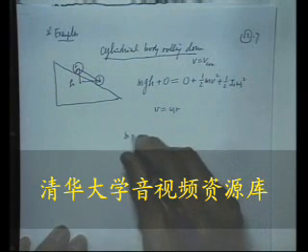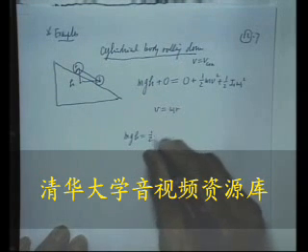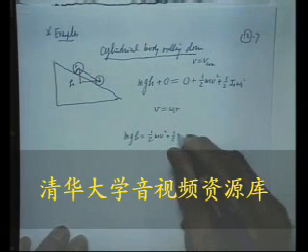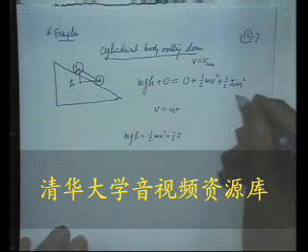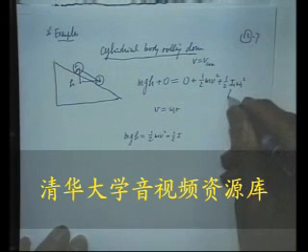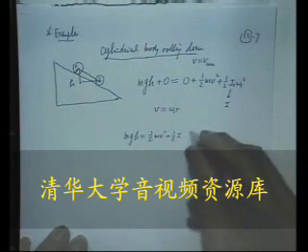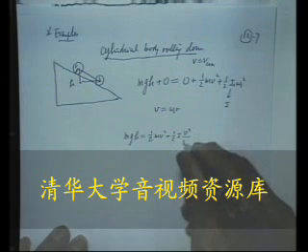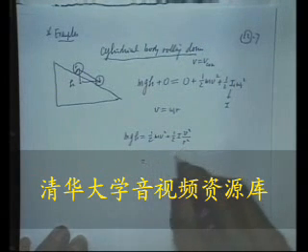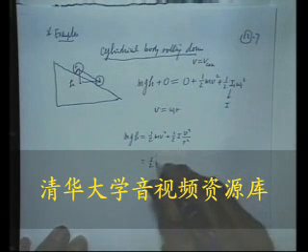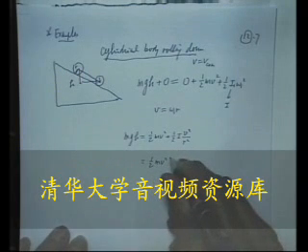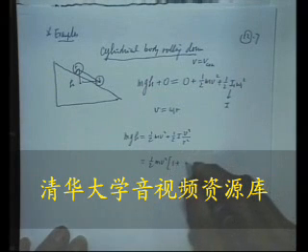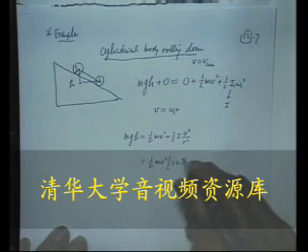So we get mgh is equal to 1/2 mv squared plus 1/2 I omega squared, where omega squared is equal to v squared divided by r squared, which is equal to 1/2 mv squared times 1 plus I over mr squared.